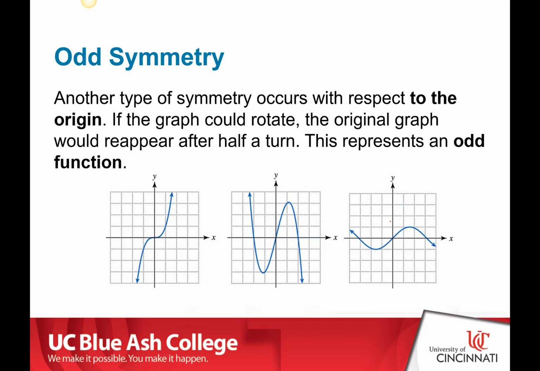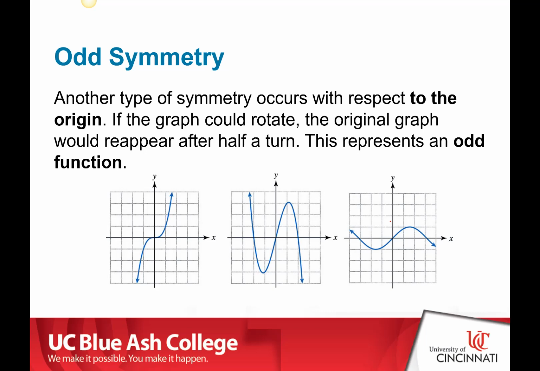The other thing that you can wind up with is what is called odd symmetry. Now, with odd, imagine if we could take this first graph, put a nail through the origin, right in the center, and spin it 180 degrees.